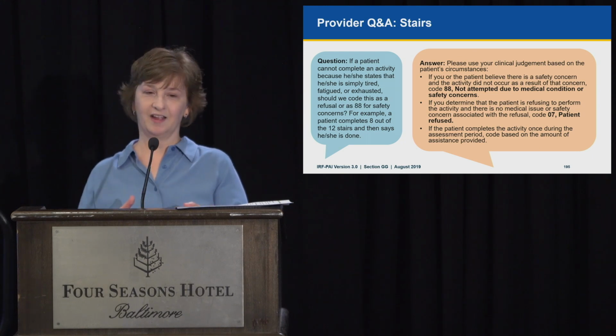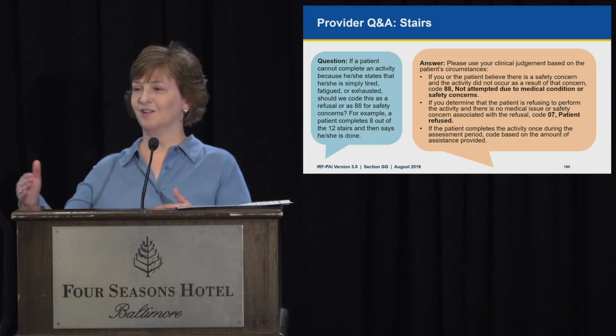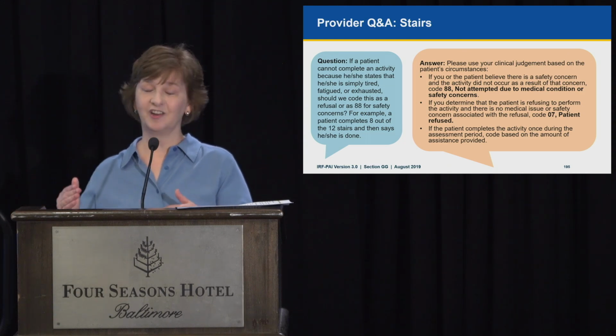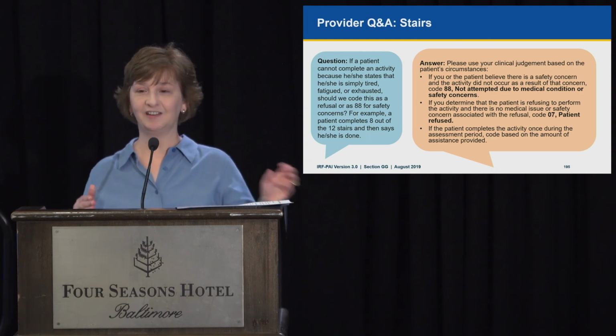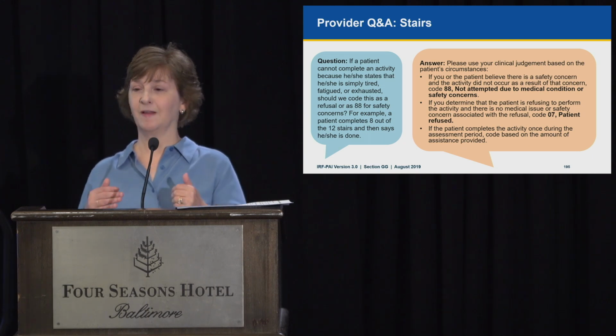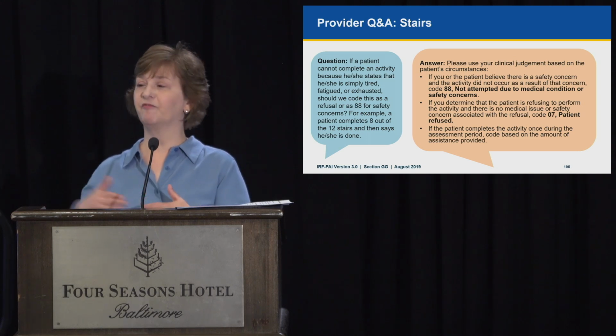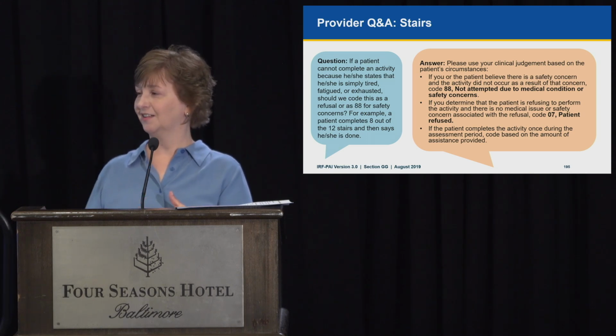So for the walking items, the person needs to be able to walk the entire distance. If somebody goes 100 feet, obviously you'd be able to code the 10 feet. Hopefully you'd be able to code the 50 feet with 2 turns if there's turns. But please, for the walking activities, the full distance does need to be traveled.